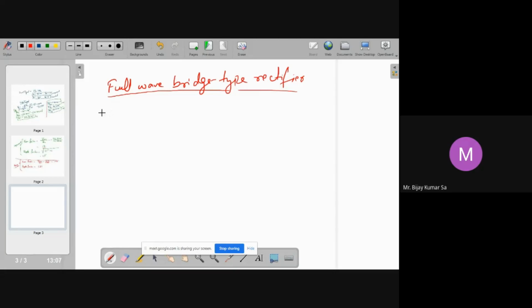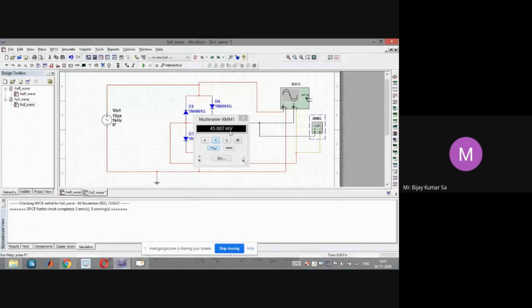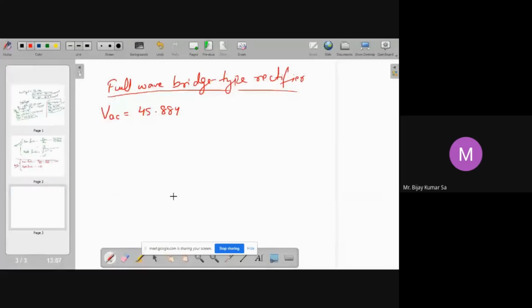So what I got is VAC, 45.884. This is volt or millivolt? It is millivolt. And this is experimental or theoretical? This is experimental.